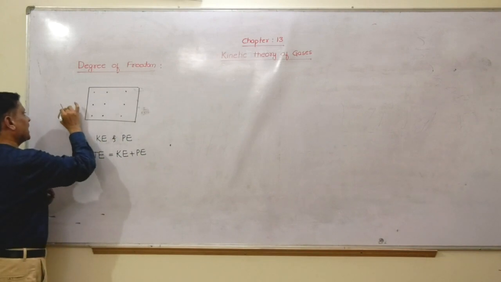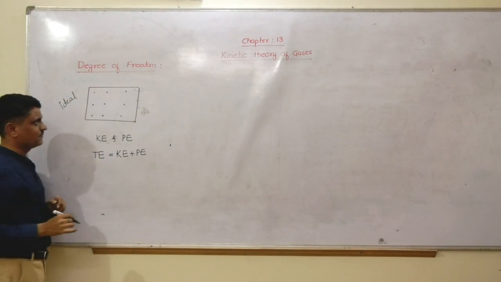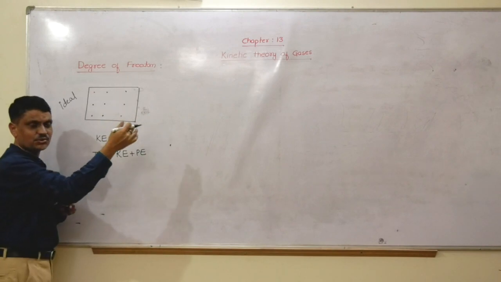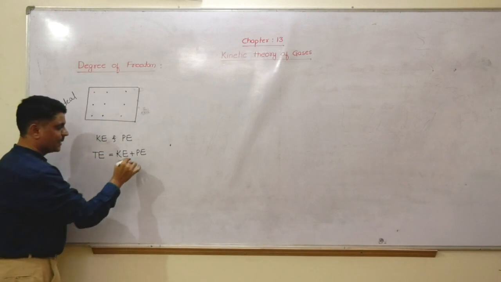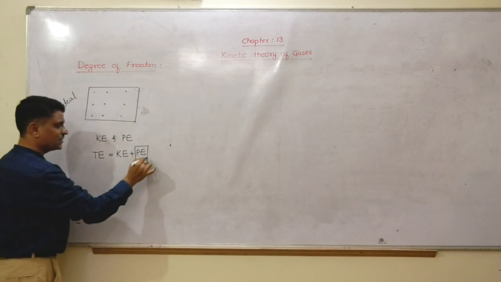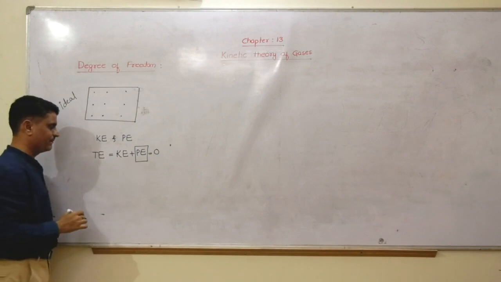But when we take an ideal gas, there is no interaction between atoms or molecules. Because of no interaction, the potential energy of the atoms or molecules becomes zero.